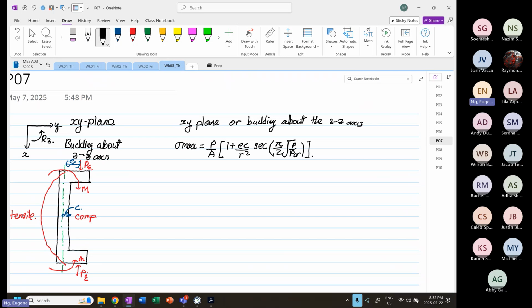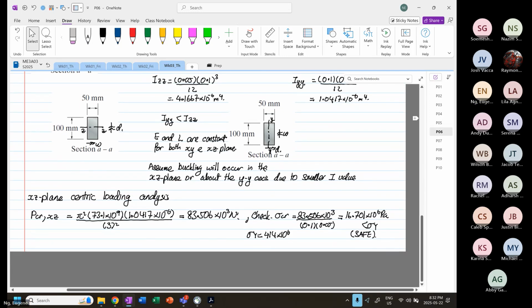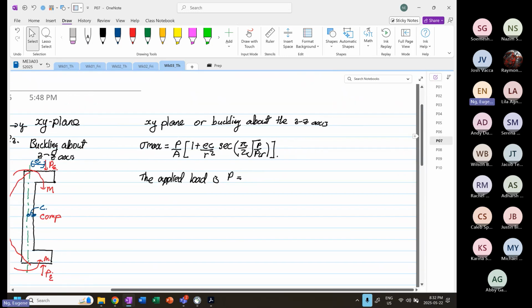Okay, so now remember what we calculate. The load to be applied is P, which is equal to what we calculate before, 83.506.